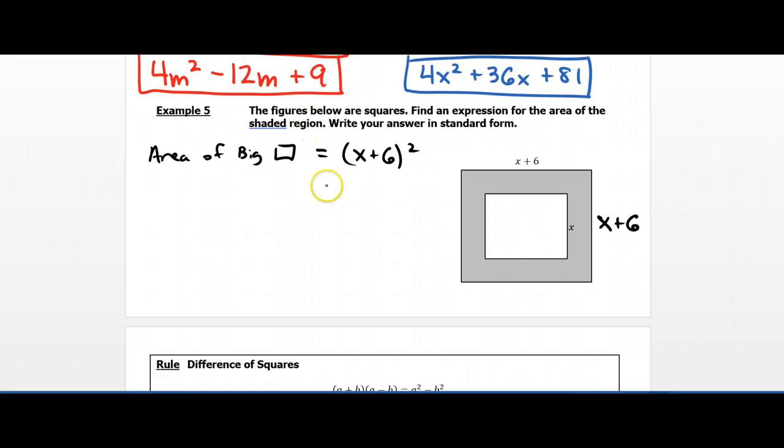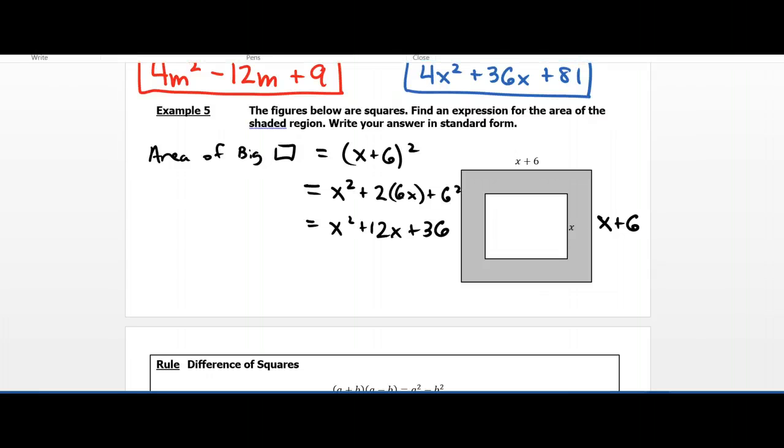Okay, well, when I use my squaring a binomial rule, we know that becomes x squared plus 2 times the product of x and 6 plus 6 squared, which would be x squared plus 12x plus 36. Okay, so that's the area of the entire big square, x squared plus 12x plus 36.